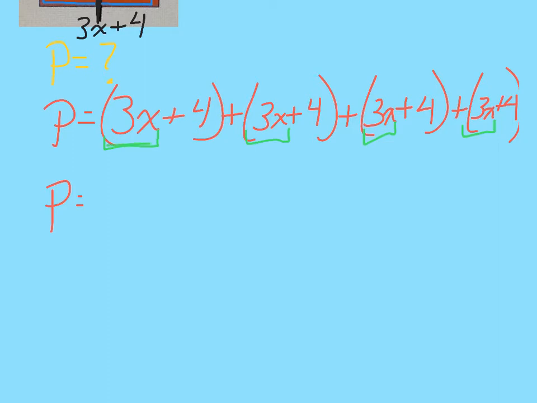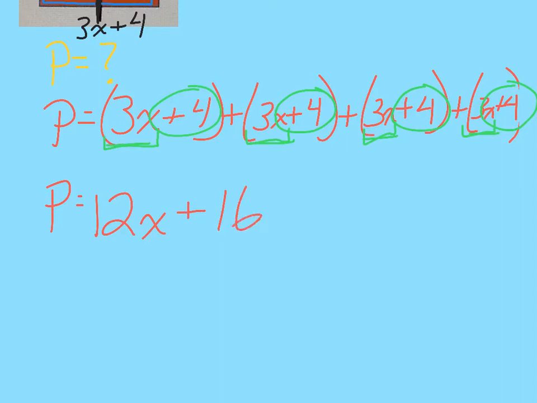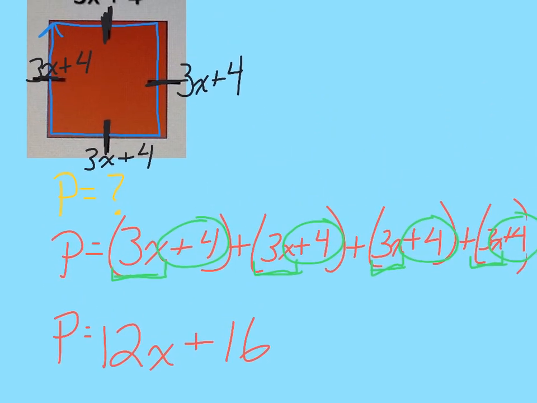So I have 3x, 6, 9, I have 12 x's. Now I'm going to take all of my constants. There's plus 4, plus 4, plus 4, plus 4. So I put all of those constants together, and I get plus 16. So that is the perimeter of our square. There's our square.